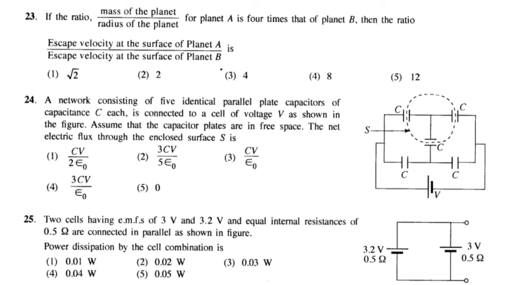Then you can find I. I is 0.2 amperes. To find the power dissipation, you can use the I squared R equation. I is 0.2 and total R is 0.5 plus 0.5, 1. So, by using I squared R, you get the answer 4.